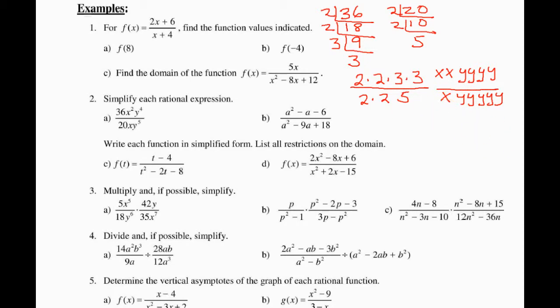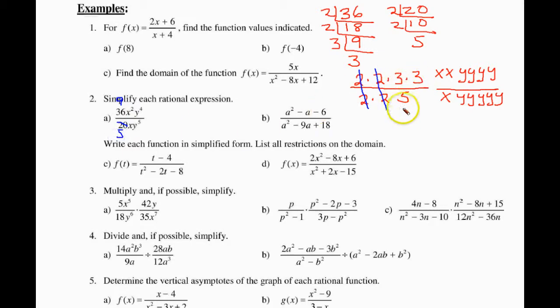Now when we go to take out ones here, 2 over 2 is a 1, so we can cancel that out. 2 over 2 is a 1, we can cancel that out. So in a sense, this was a 4. We can take a 4 out of that, and that gives us a 9. Take a 4 out of that, and that gives us a 5.